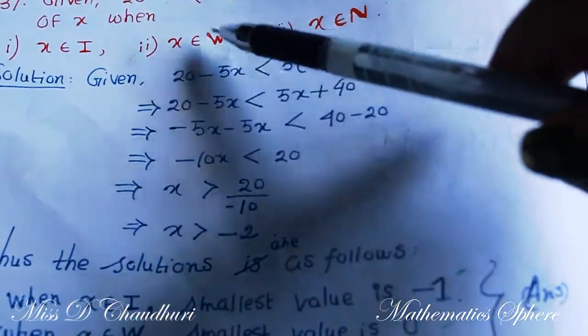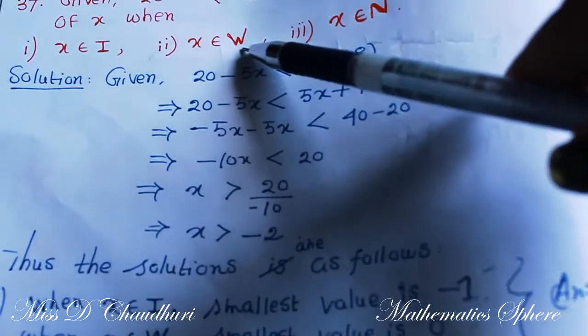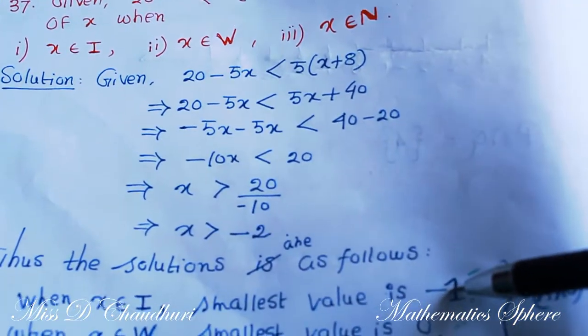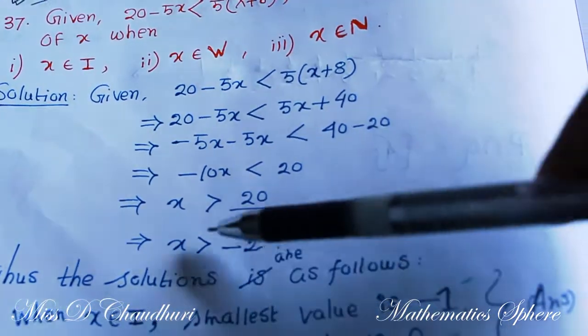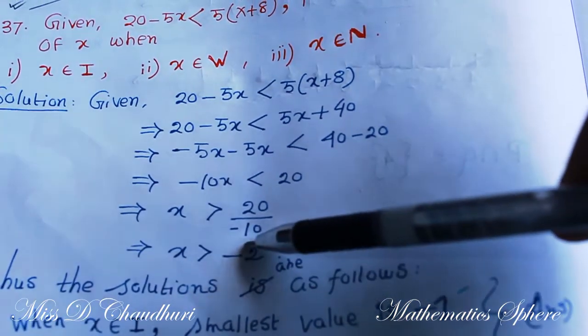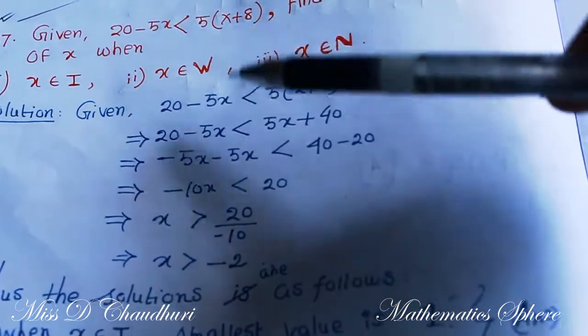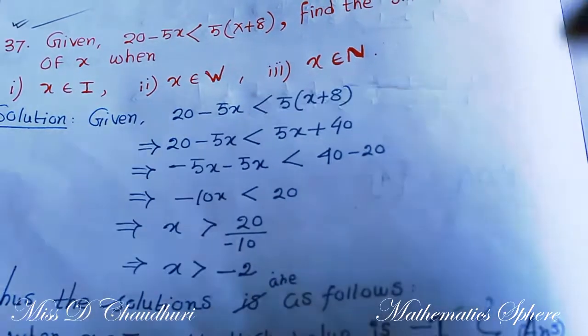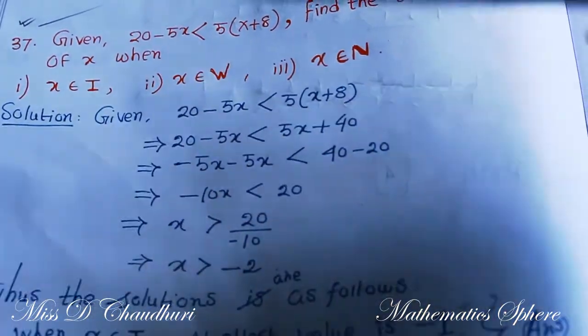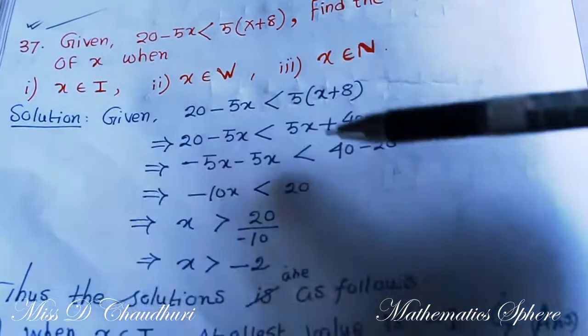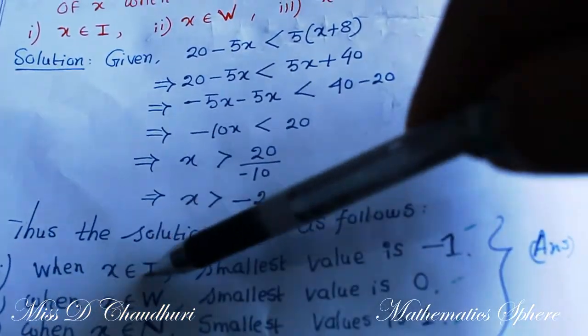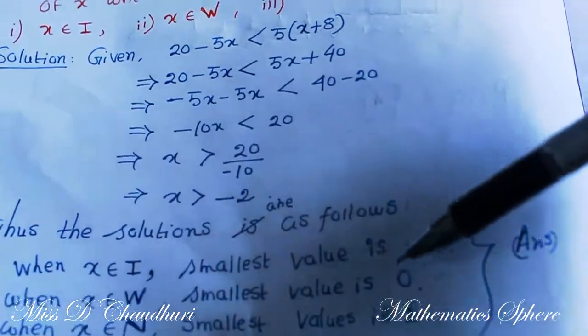Now if x belongs to whole number, we cannot take minus values. It is said that x is greater than minus 2, but we cannot take the minus values. So the solution set will begin from 0, 1, 2, 3 and so on. Among them the smallest one, when x belongs to whole number, the smallest value will be 0.